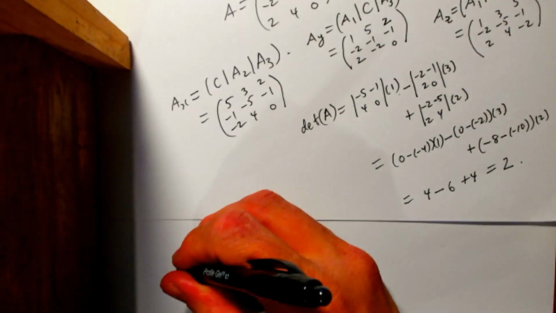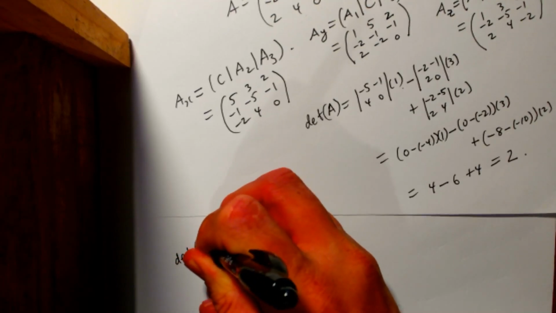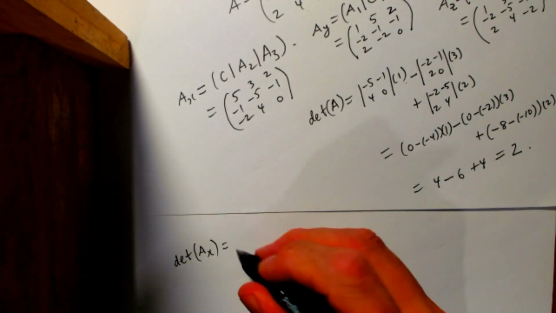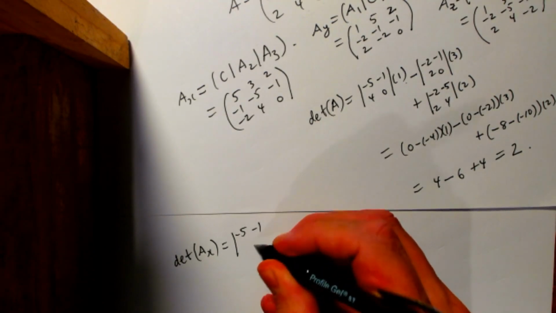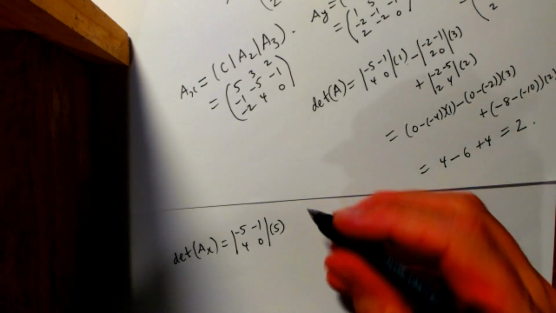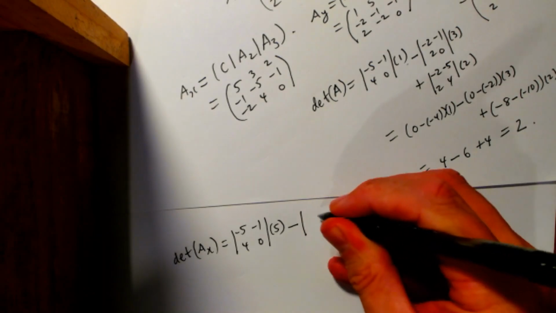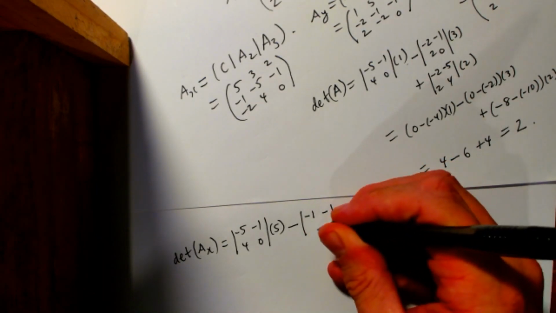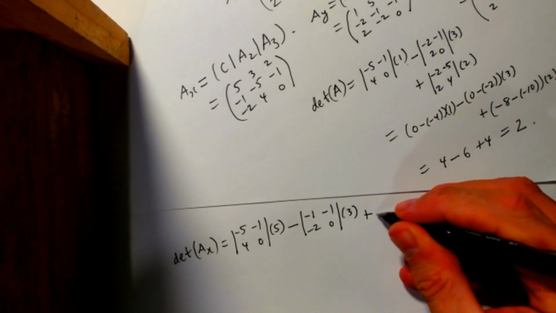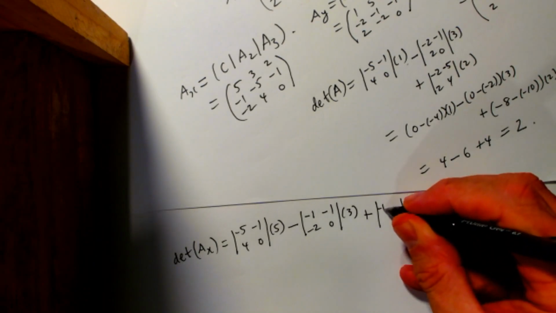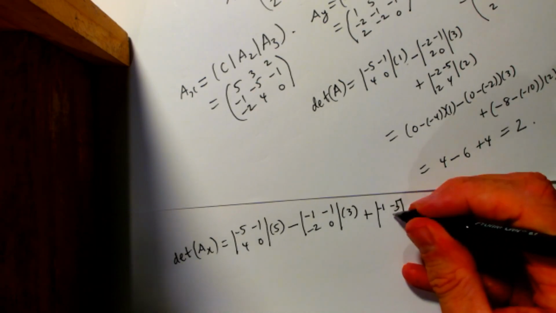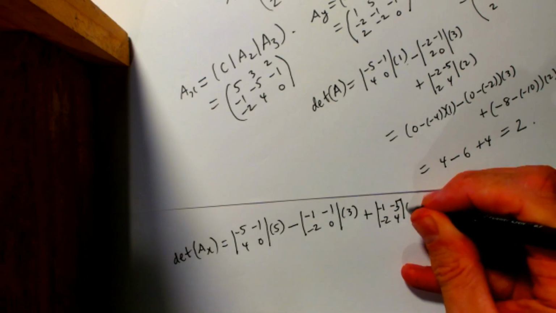The determinant det of A_x equals the determinant of minus 5, minus 1, 4, 0 times 5, and then subtract the determinant of minus 1, minus 1, minus 2, 0 times 3, and then plus the determinant minus 1, minus 5, minus 2, 4 multiplied by 2.